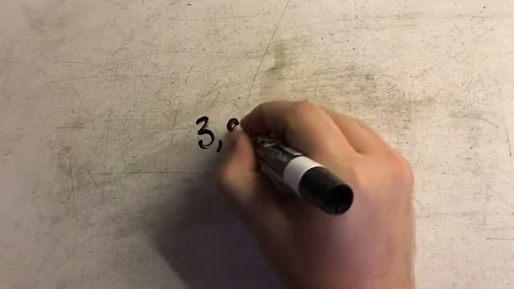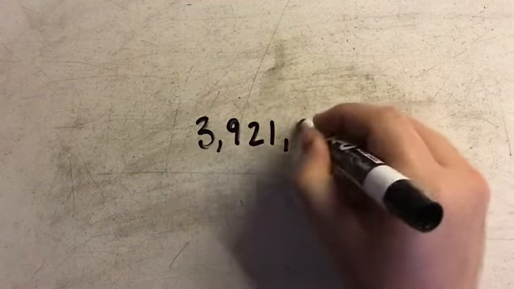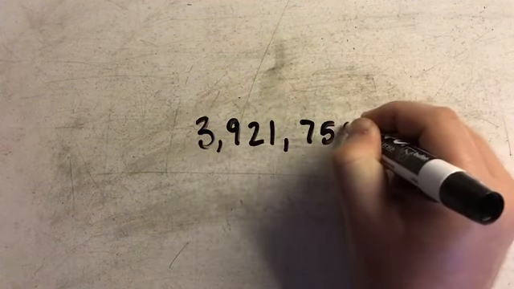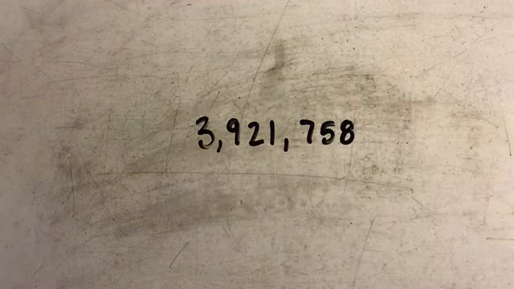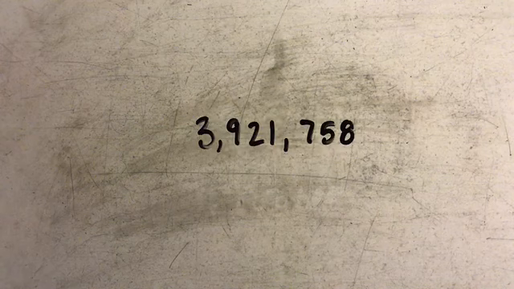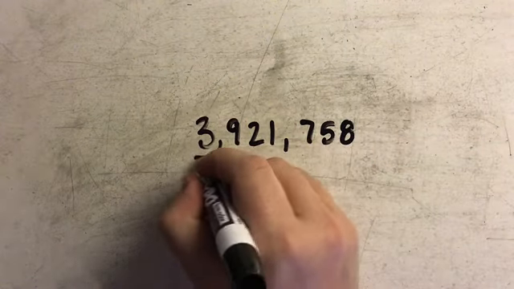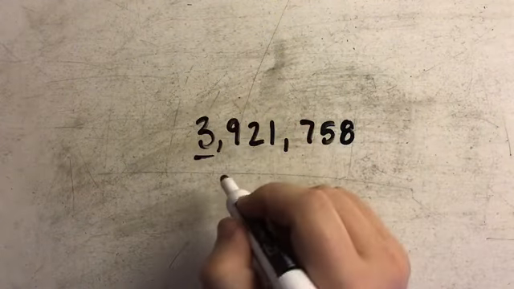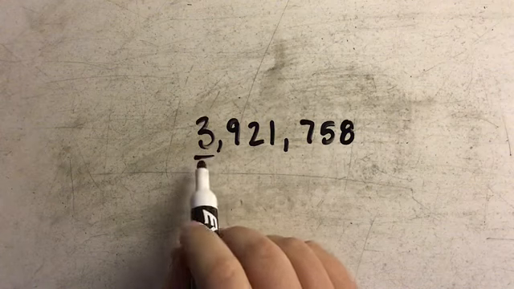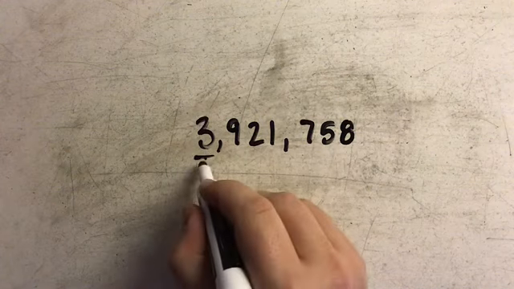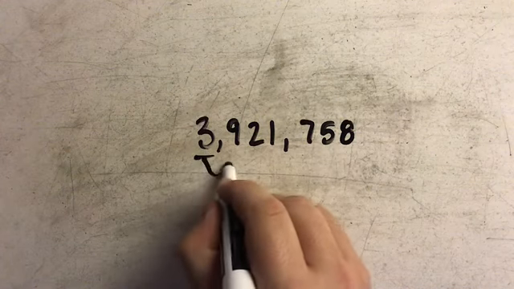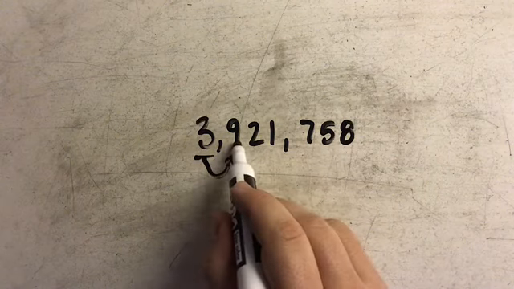In these examples, I will continue to use that rhyme. If the rhyme helps you, great. If not, it's still the basic rules for rounding. For this number, I'm going to round to my millions place. With my rhyme again, it would be find the place that you're rounding to, look next door, 5 or greater.